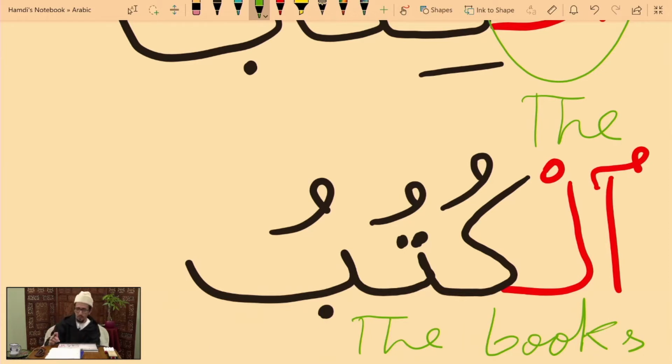Again, as I told you, depending on how it stands in the sentence and what comes before it, and the function of this word in the sentence, is it a subject, is it a predicate, we'll see, depending on the function of the noun in the sentence, or what comes before it, do we have a preposition before it, etc. We'll study that.